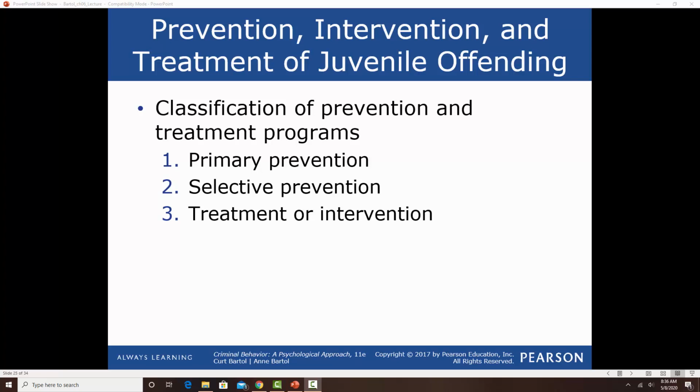Primary prevention includes the development and enhancement of resiliency. Resiliency is a protective factor against many of the early risk factors that we talked about. Resiliency is an interesting topic in psychology. It's an ordinary, not an extraordinary process, and it can be taught to at-risk kids.